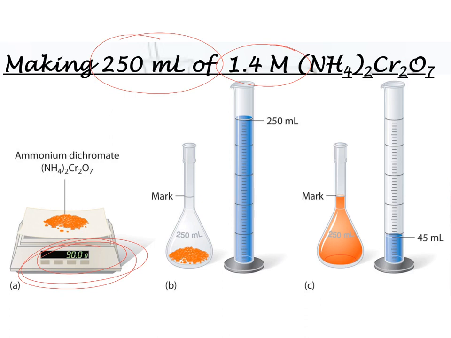So you weigh your 90 grams of solid, you put it into your volumetric flask, take your liquid DI water, you pour it in there, and then you want to make sure that your water level gets exactly even with that mark.